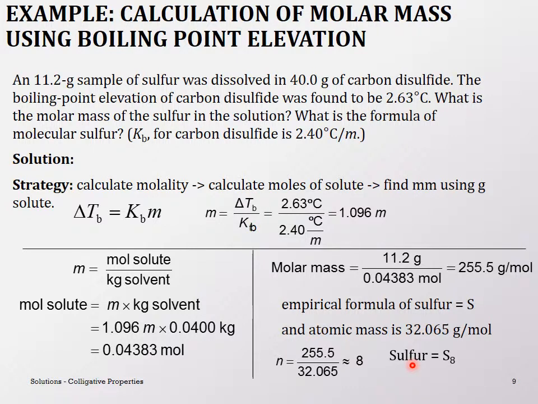So anyhow, this is how you would do a calculation if the change in the temperature was given to you. You can do exactly the same calculation if you had freezing point depression. In case of freezing point depression, your constant would be for the freezing point depression, that's all. But everything else is going to be the same way that you do boiling point elevation.